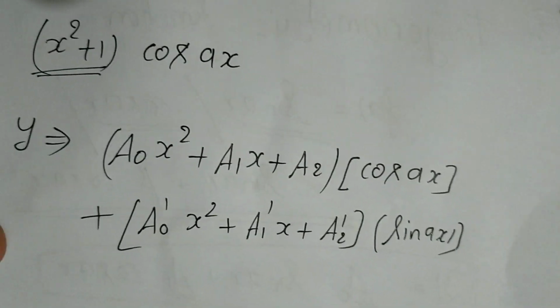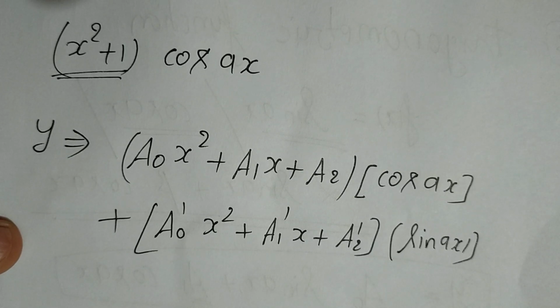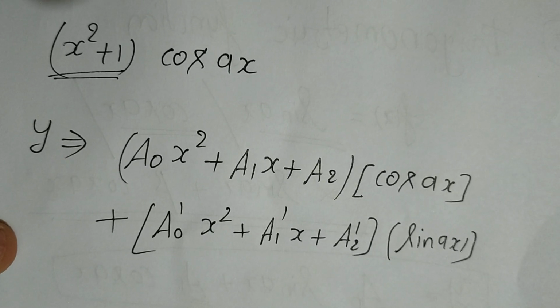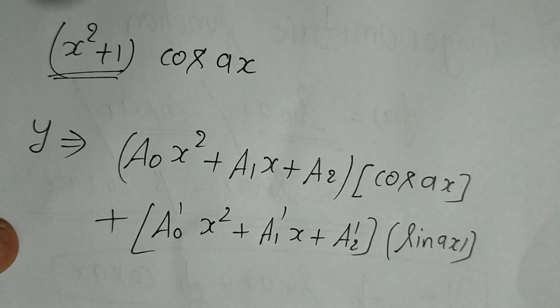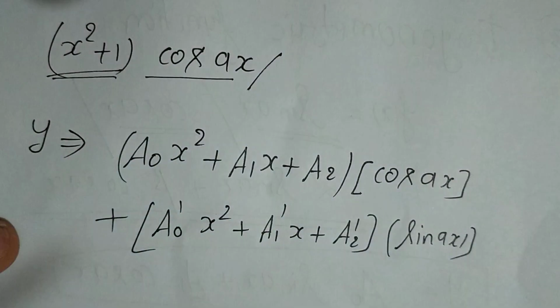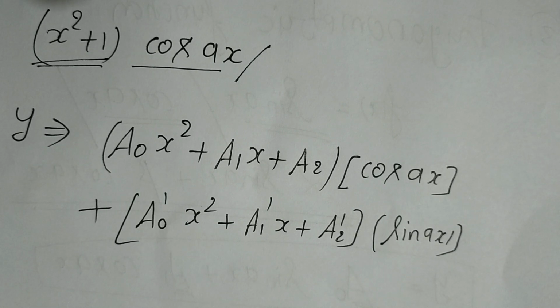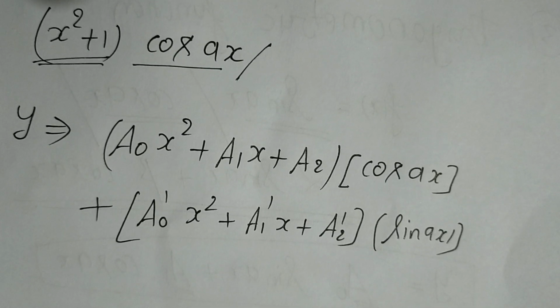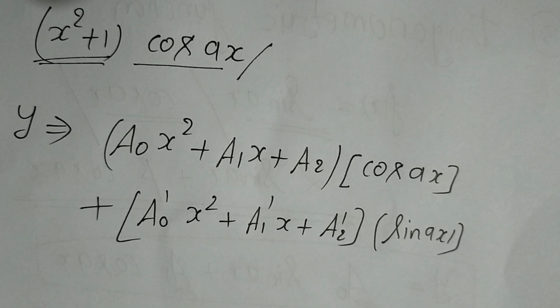So this is the trial solution for combination of polynomial and cos x. So either cos x or it can be sin x or combination of these two. So here we have six unknowns: a0, a1, a2, a0 dash, a1 dash, a2 dash. So we need to find the six unknown coefficients using the differential equation. So these are the possible ways to write the trial solution.